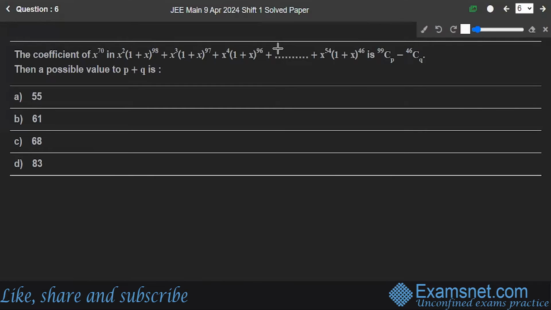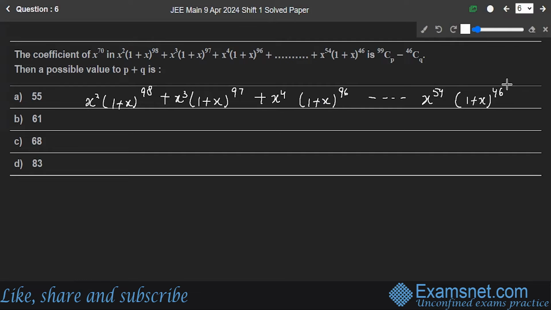Question number 6, the coefficient of x raised to power 70 in this expression is 99Cp minus 46Pq. What is the possible value of P plus Q? So let's rewrite: you have x squared (1 plus x)^98, x cubed (1 plus x)^97, x^4 (1 plus x)^96, till x^54 and this till this.